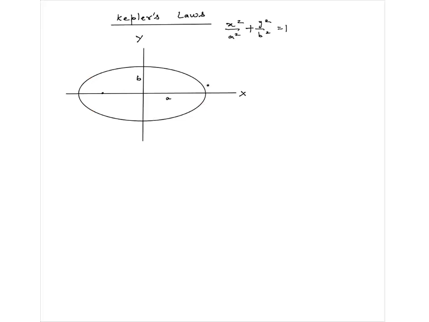The second law says that if these two are the locations of the planet, and these two are also the locations of the planet, and if these areas are the same, which areas?